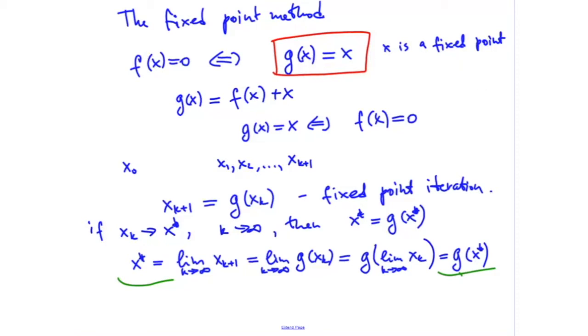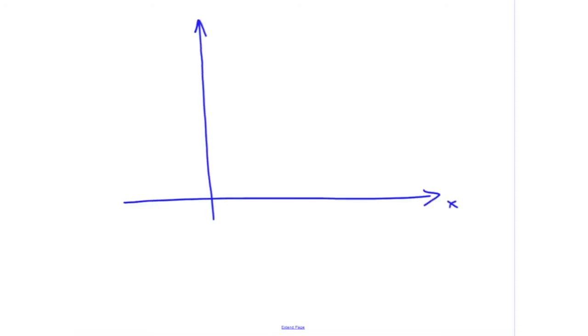So the question is, when does the method actually converge? Let's consider some illustrations first to see that the method may not always converge. This will also show how the method proceeds. Let this be x, and this will be our g of x.